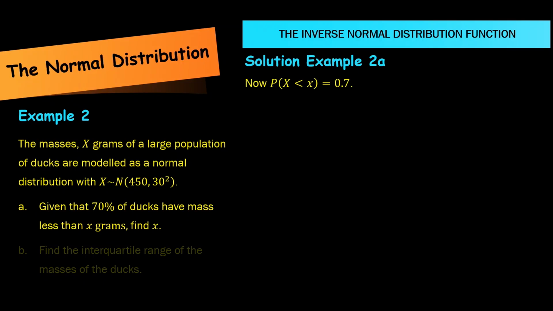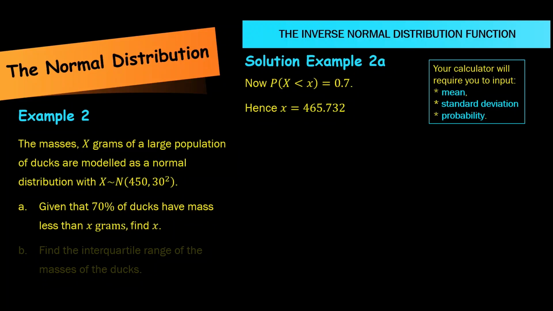The probability that x is less than a particular value of little x equals 0.7. This comes from the fact that 70% of the ducks have mass less than x grams. Again, we'll need to input the mean, the standard deviation, and the probability to find the value of x.